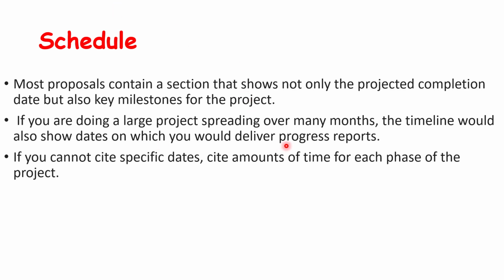So basically you have to show the progress reports, and also include that in your schedule. If you cannot cite specific dates, cite amounts of time for each phase of the project.